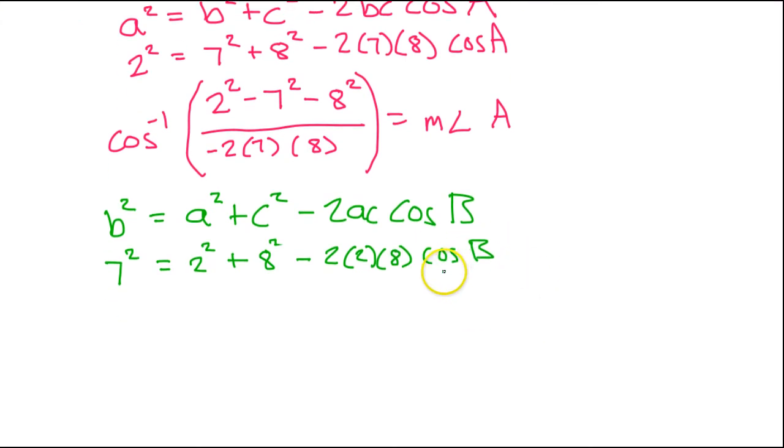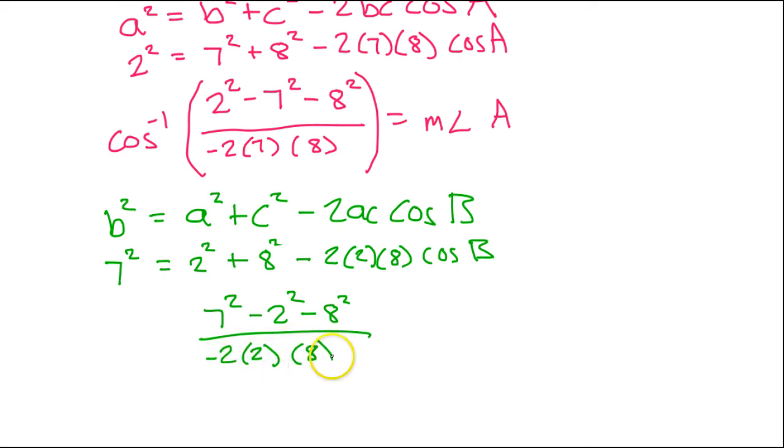In order to get cosine of B by itself, we need to subtract these two terms and then divide by everything else in front of cosine B. So let's start by subtracting these two terms. So I will have 7 squared minus 2 squared minus 8 squared. Now let's divide by everything in front of cosine B. So divide by negative 2 times 2 times 8.